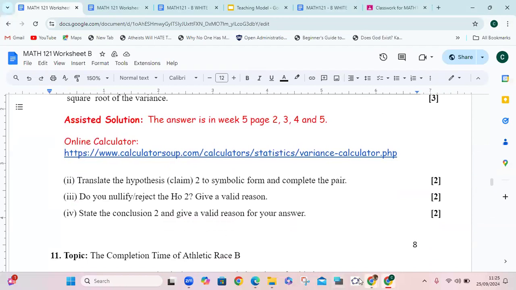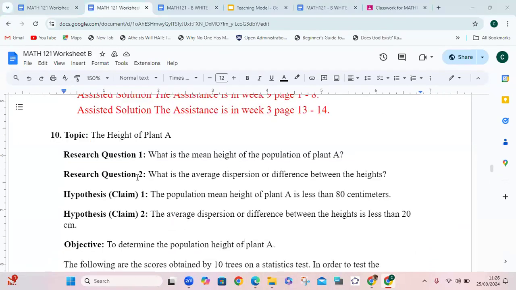let's take a look at the research questions and the hypotheses. As you can see, there are 2 research questions and 2 hypotheses. And I'm repeating that whole idea of research question and hypothesis because that is what gives rise to the use of statistics.